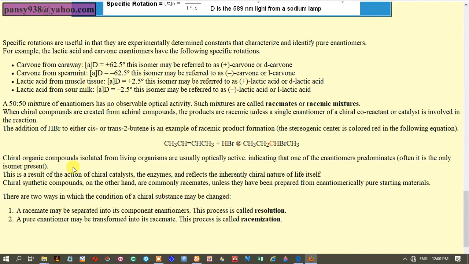This is a result of the action of chiral catalysts, the enzymes, that reflect the inherently chiral nature of life itself. Chiral synthetic compounds, on the other hand, are commonly racemates. Remember, a racemate is a substance which contains equal amounts of both optical isomers, so the net effect is 0.